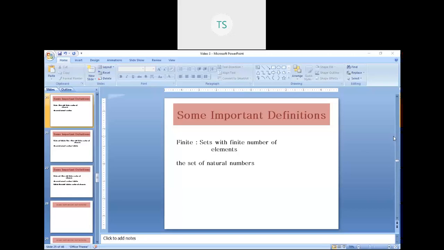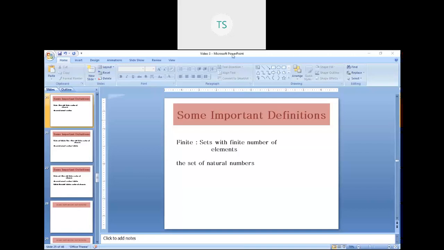We can count from 1 to 100. Then after 100 we will have 101, 102, 103 and so on. Suppose we have counted up to 1000, then again you have one more number, 1001, 1002.